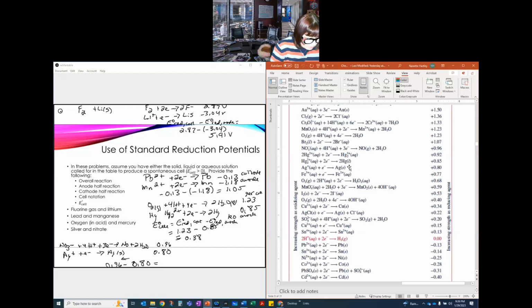So 0.96 minus 0.80, and that's 0.16. Sorry, my decimal's in the wrong place. Don't ever trust me. Much better. Okay, so again, not hugely spontaneous, but that's how that works.